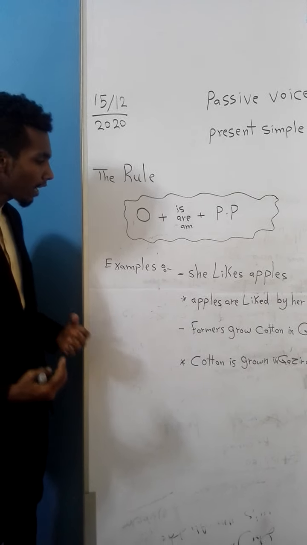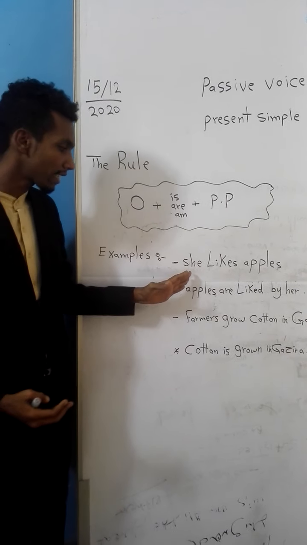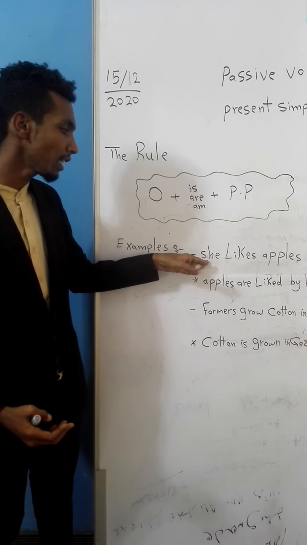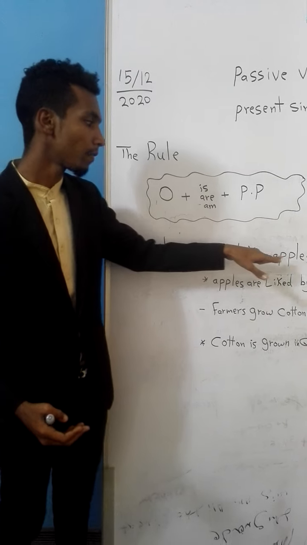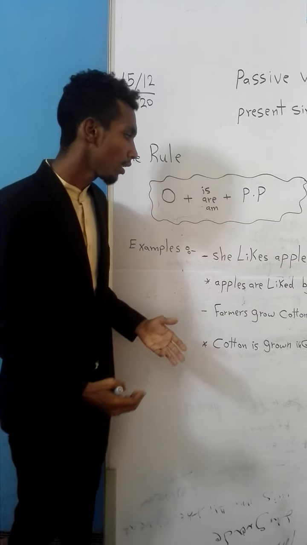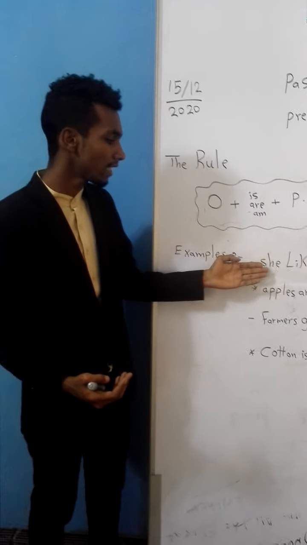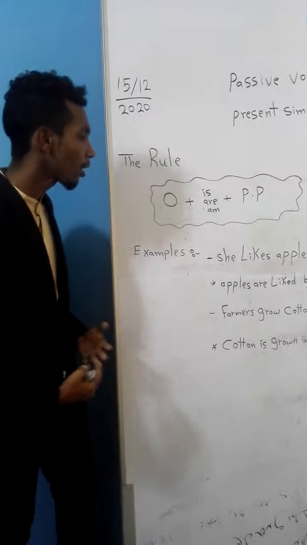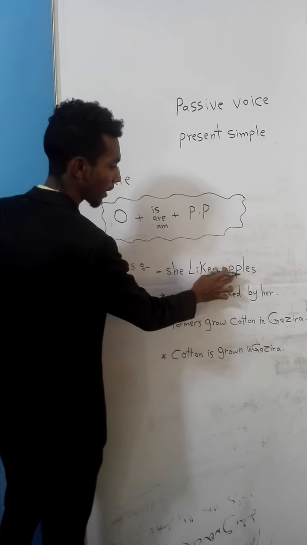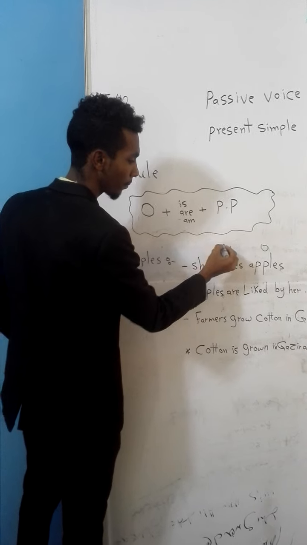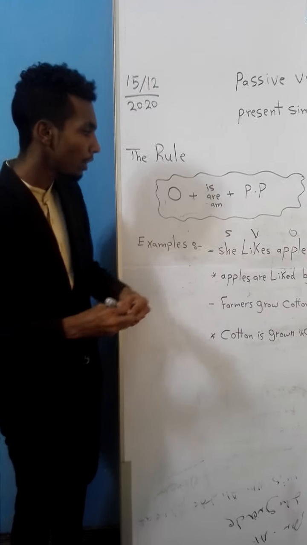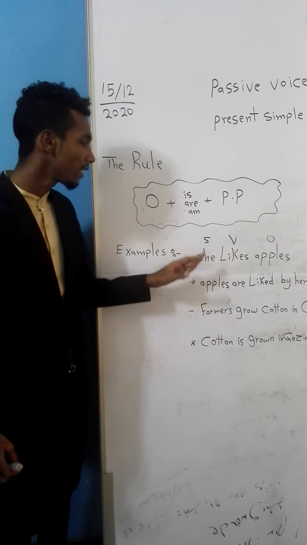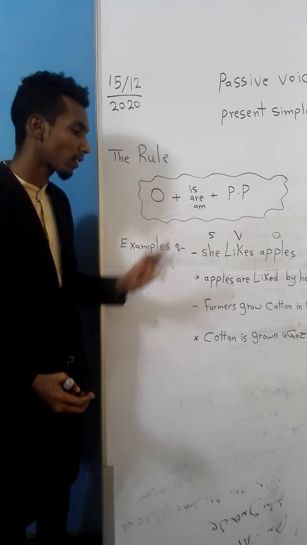Now we have an example: She likes apples. She is the subject, likes is the verb, and apples is the object. If we want to change this present simple sentence into passive, we have to apply the rule. We start with the object, then the verb, and then the subject. Our object is apples, so we start with apples. How do we know whether to add is or are?